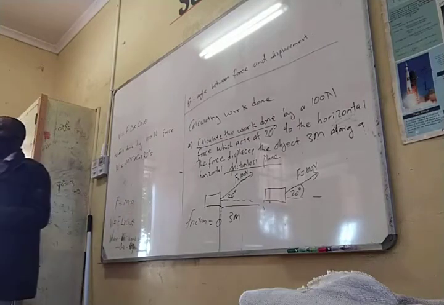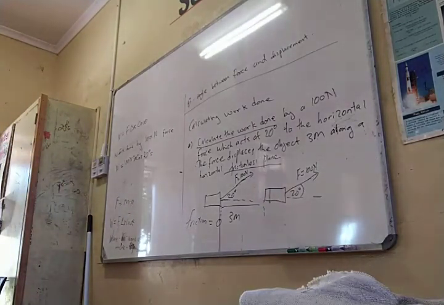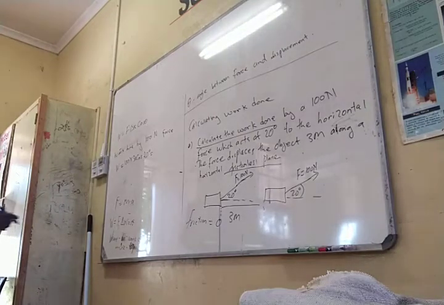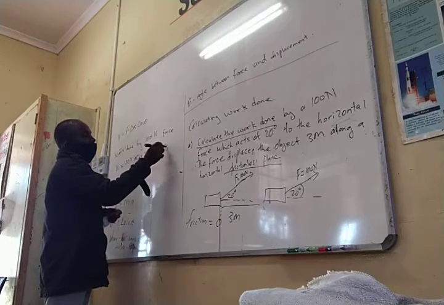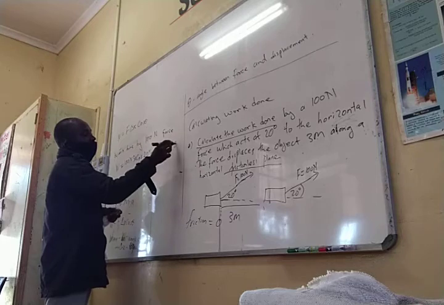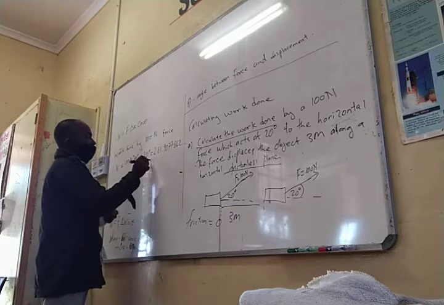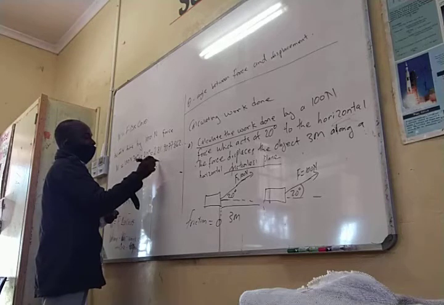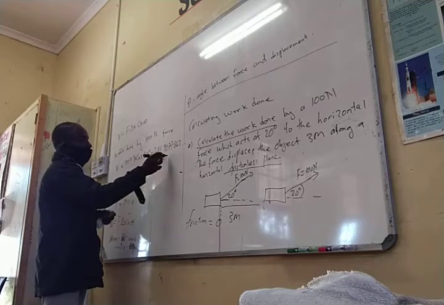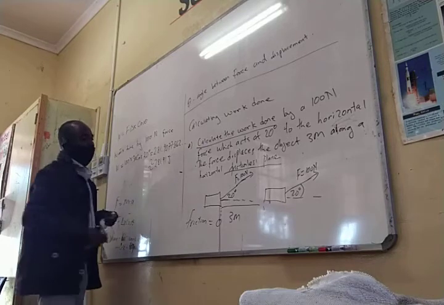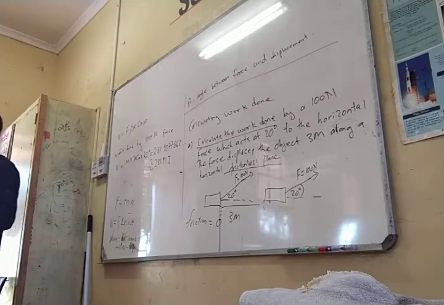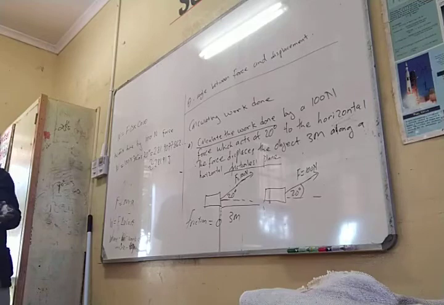How much do you get? 281.9077862, which is approximately 281.91. And work is measured in what? It is measured in joules. So you need to know that all the time the SI unit for work is the joule.